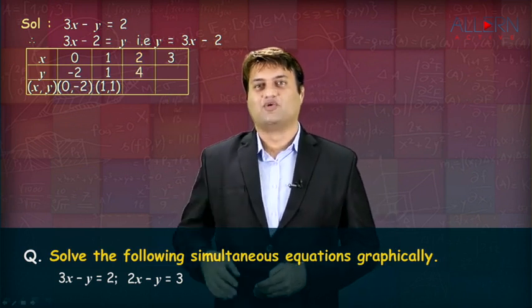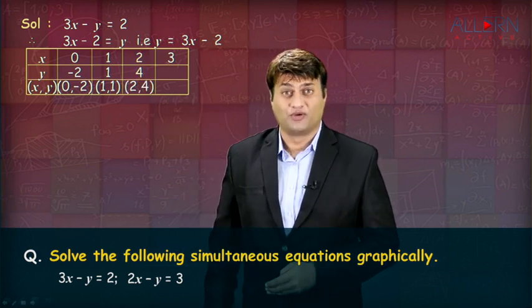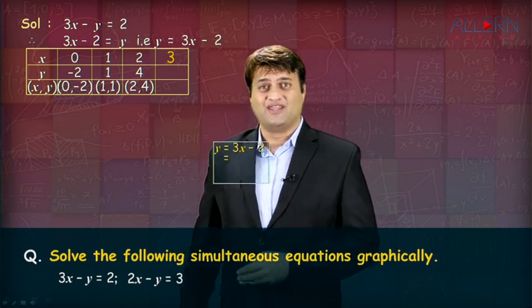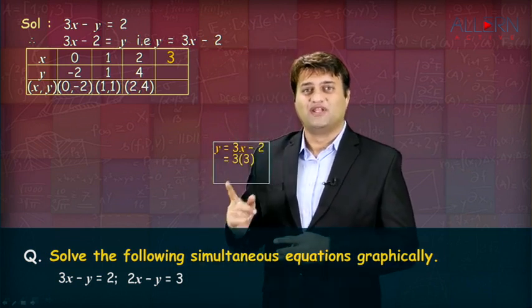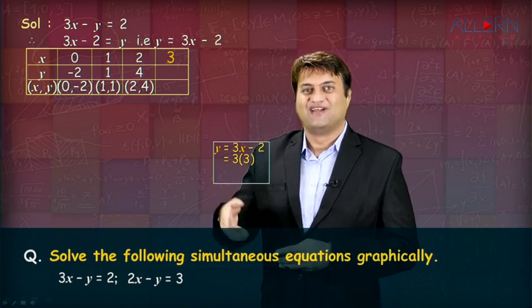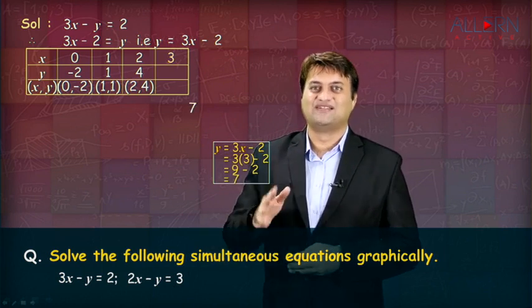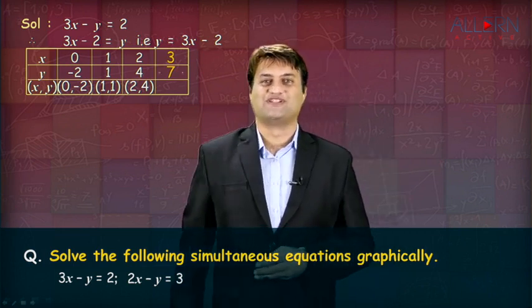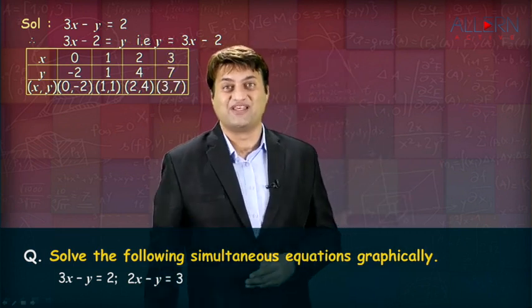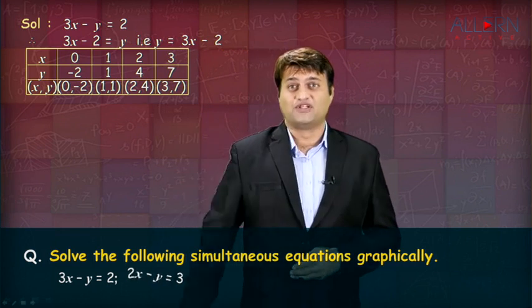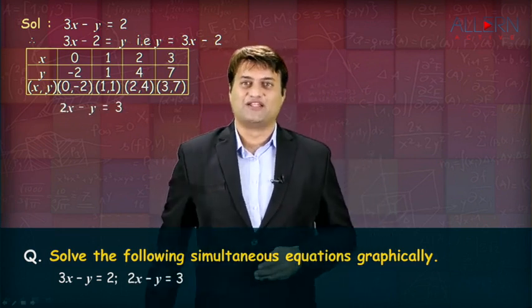So, you get y is equal to 4 and the point is 2 comma 4. When x is equal to 3, y is equal to 3 into 3 minus 2, that is 9 minus 2, that is 7. So, when x is equal to 3, y is equal to 7 and the point is 3 comma 7.